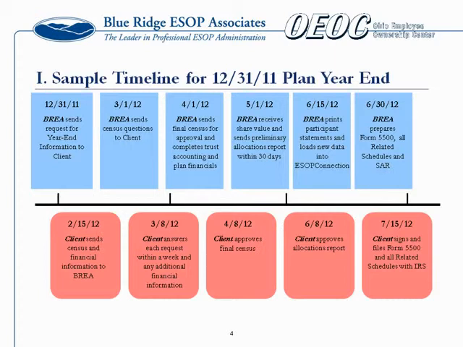Once we receive that, we go through and review all the census and financial information, and we send back questions and verification of the information that you did provide. We want to make sure that all the information is accurate, and any small questions that we have, we want to get answered on the front end so they're not coming up later on in the allocation.